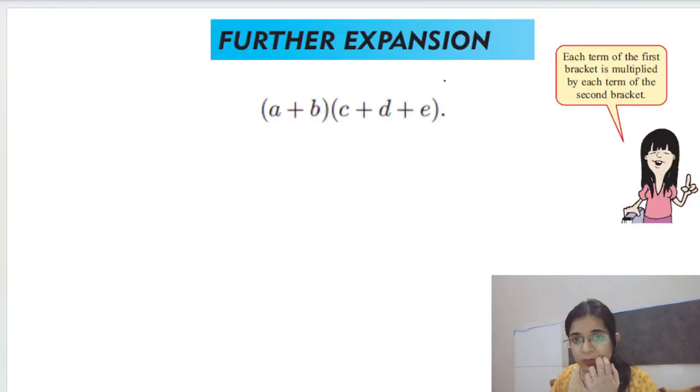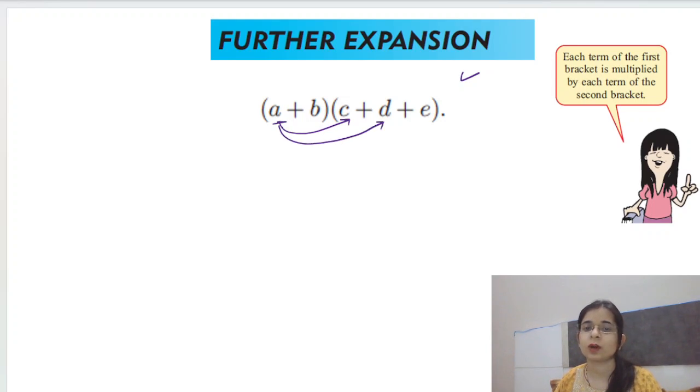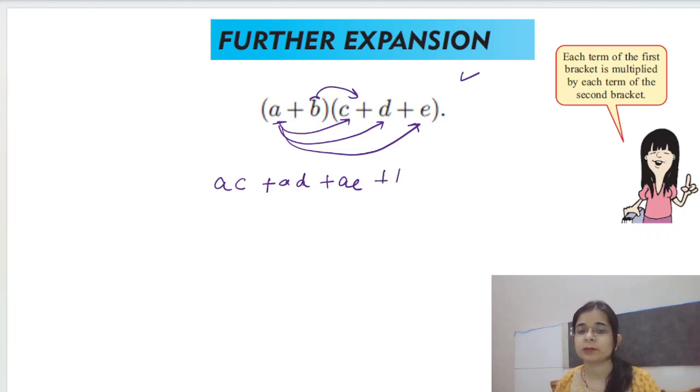Next we are going to do the further expansion. In the further expansion, this is the first term of the first bracket. Use it and apply the distributive law. Multiply the first term with each and every term. So A multiply C is AC, A multiply D is AD, A multiply E is AE. Now pick up the B term here, B multiply C, BC, just applying the distributive law for each term, nothing new.